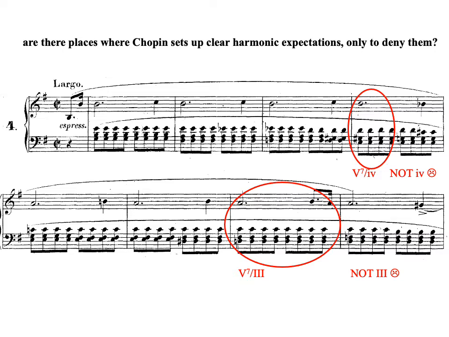When I'm playing that G sharp, you probably expect it to go up to that A. When I play the chord in the second system with the F sharp, you expect a G, but that G doesn't show up either. Instead, both of those notes that sound like leading tones that want to go up a half step do the exact opposite, and they go down a half step, which is just the most heartbreaking sound in the world.